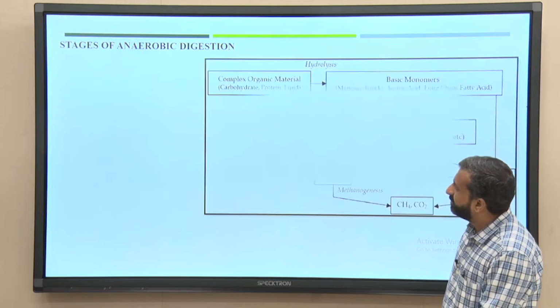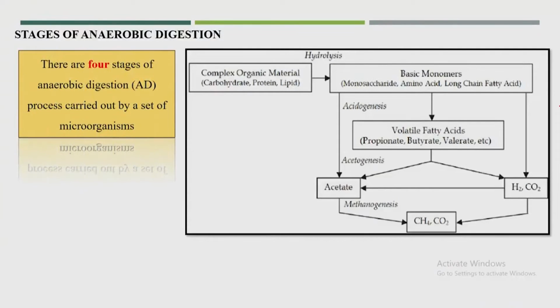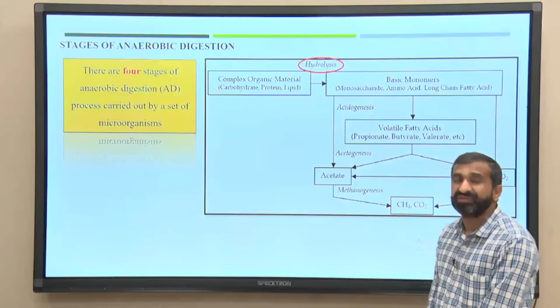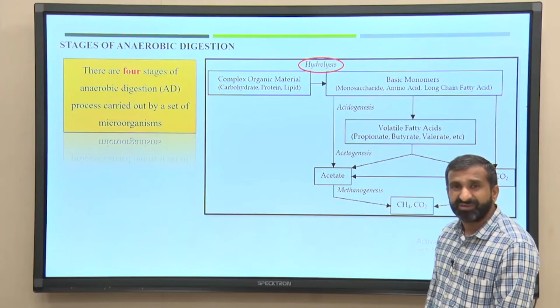If you see the stages of the anaerobic digestion process, it has 4 different stages. First is hydrolysis. Hydrolysis is nothing but a simple breakdown of complex organic matter. Cooking in households is also one kind of hydrolysis process, or we can say a pre-treatment process. Why is cooking very important?